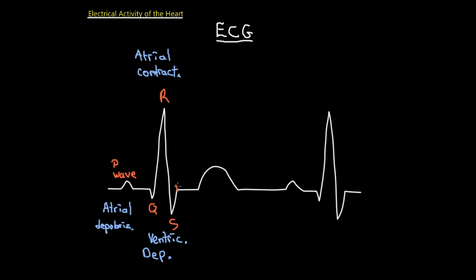Now, the part right here after the QRS complex, we've got an ST segment. So S is the last part of the QRS complex, and this is the T wave, which is the final part as this begins all over again. Between the T wave and the S part of the QRS complex, there's something called an ST segment.